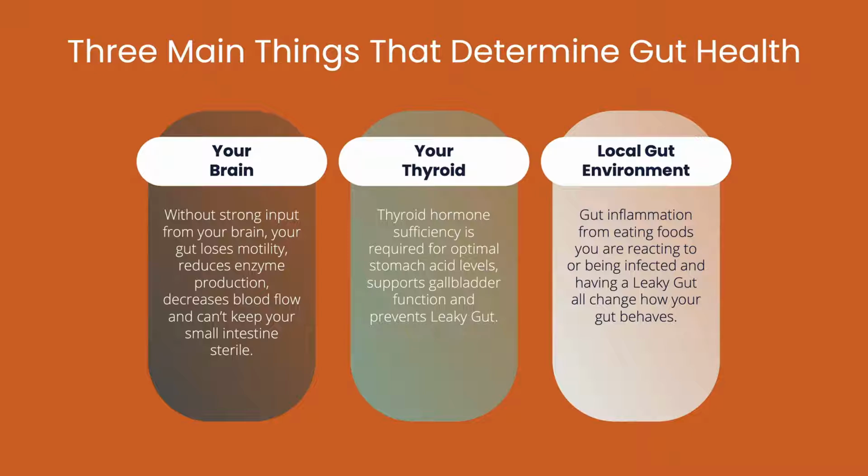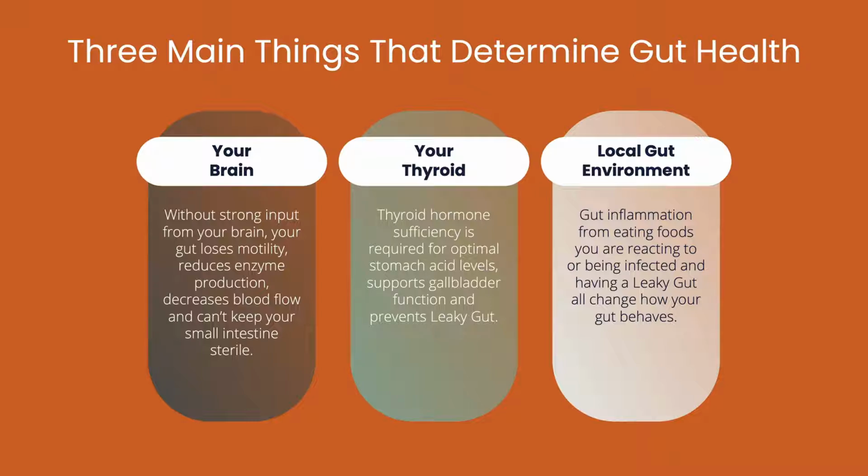But the valves keep the small intestine separate from the large, allowing food to pass southward and preventing it from going back up. If that valve doesn't shut off properly, then bacteria can migrate up into the small intestine, causing an infection.